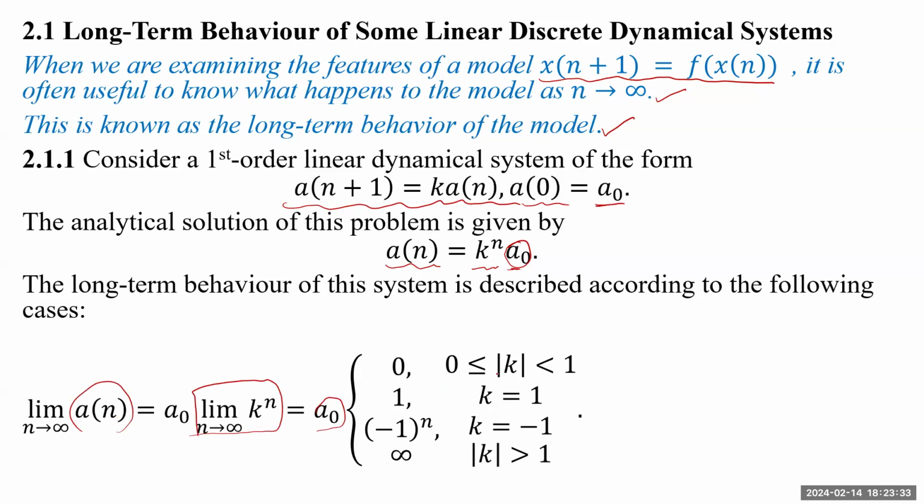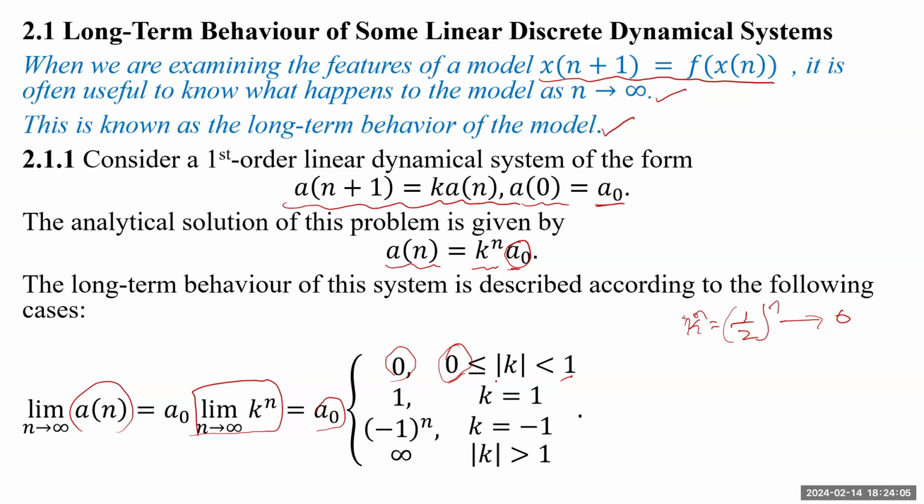If the k value, either positive or negative, lies in between 0 and 1, that is, modulus of k is greater than or equal to 0 and strictly less than 1, then the behavior is 0, right? For example, if you take k is equal to 1 by 2, then k to the power of n is 1 by 2 to the power of n, which tends to 0 as n tends to infinity.